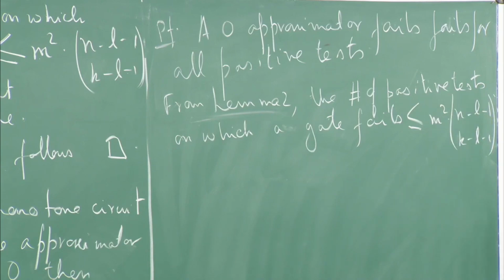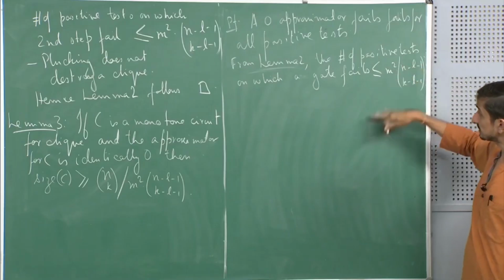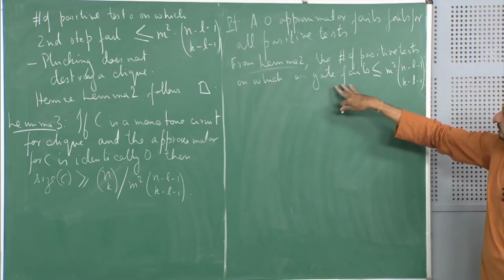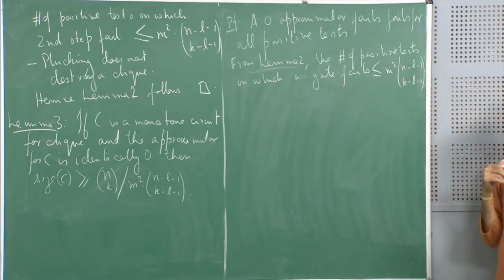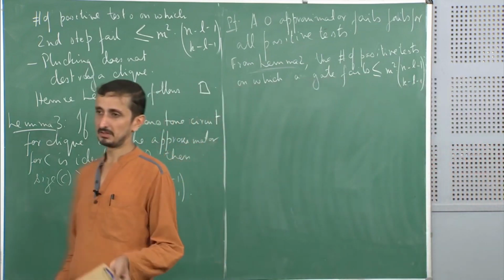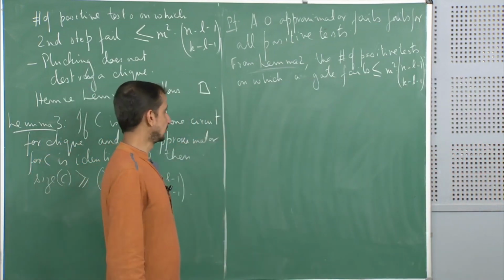So, the number of positive tests which fail on some gate will be the size of the circuit times this. At most, since it is an OR over all these things.